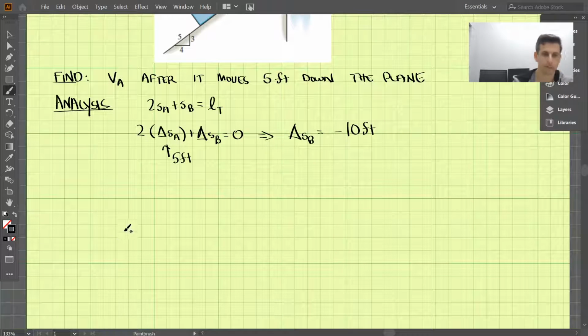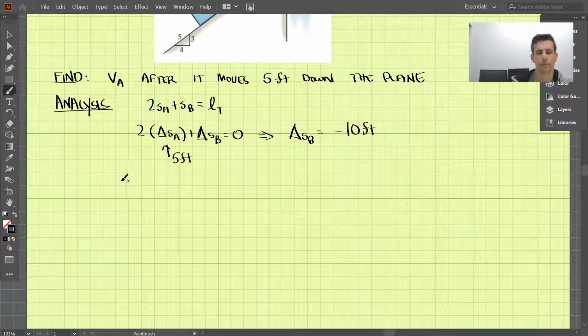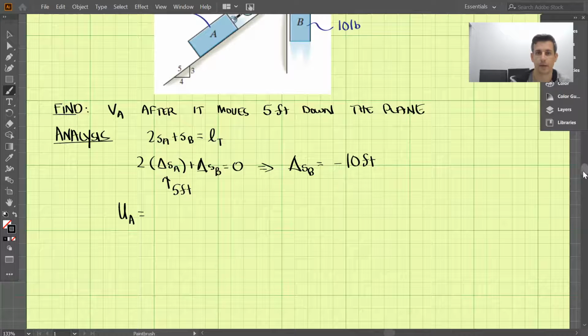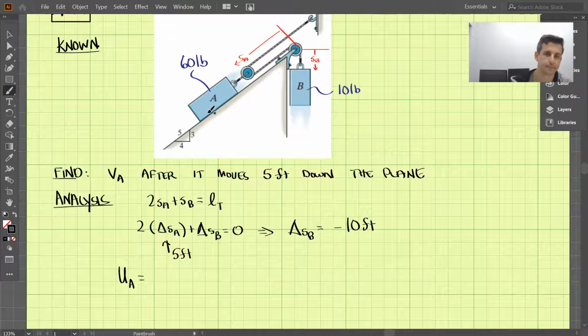Okay, so let's figure out the work being done by both A and B. So we have the work of A, and remember that is just force times the distance traveled. What is the force? Well, it's the force directed in the direction traveled.